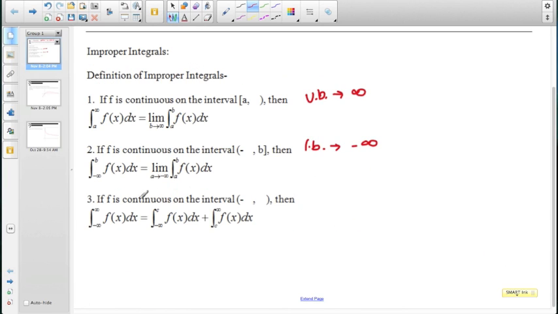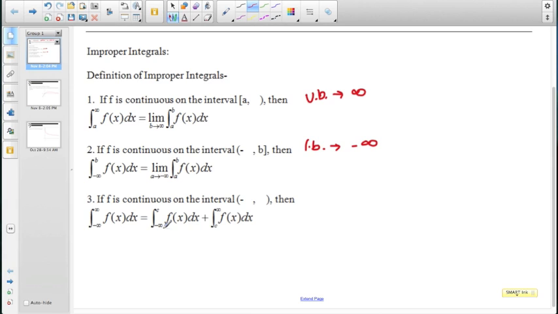For this last one, sometimes we have both, that it goes from negative infinity to positive infinity. In that case, we split it into two expressions and pick a value c somewhere between negative infinity and positive infinity. That value could be 0 if 0 works in the equations, or it could be some other logical split.